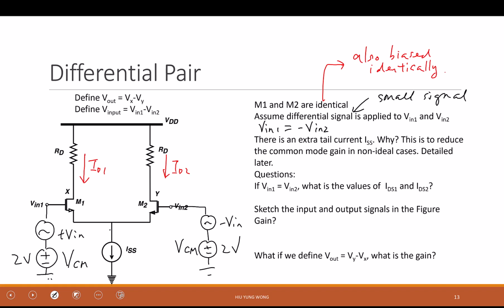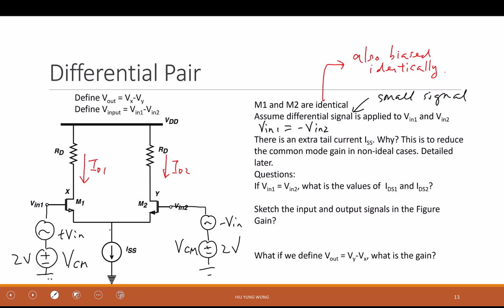And what do you say? Identical. Right? This is the first thing you will guess because I keep talking about identical, right? If I have the same device, I have the same biasing, then I think they should be identical because this is just symmetry, the nature, right? If you look at them, the physics are exactly the same. Isn't that I expect them to behave the same, right?